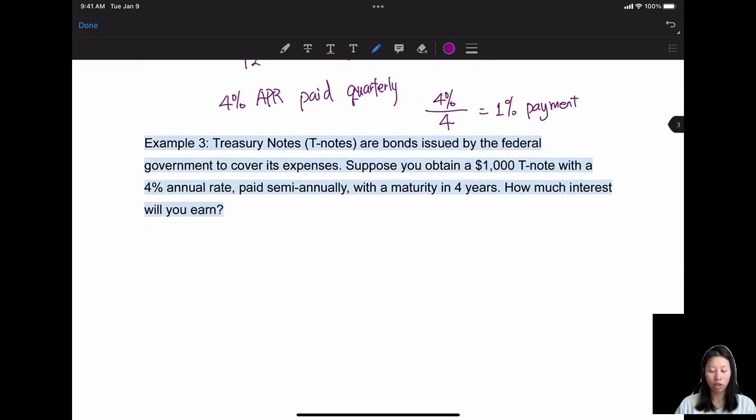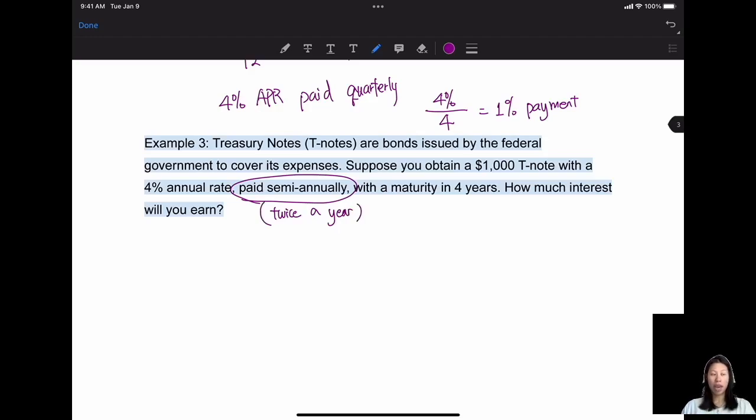Okay, a Treasury note, or T-note, is a bond issued by the federal government to cover its expenses. Suppose you obtained a $1,000 T-bond with a 4% annual rate paid semi-annually with a maturity in 4 years. How much interest are you going to earn? Since the interest is paid semi-annually, that means you're going to get paid twice a year.